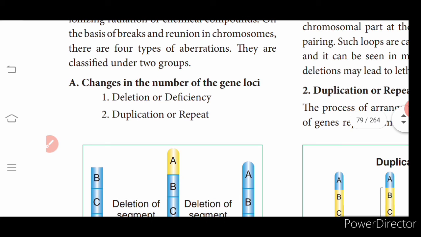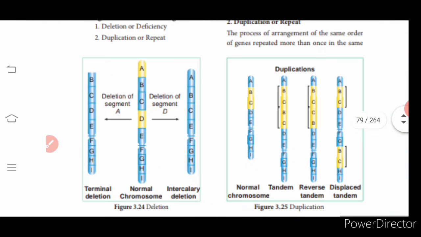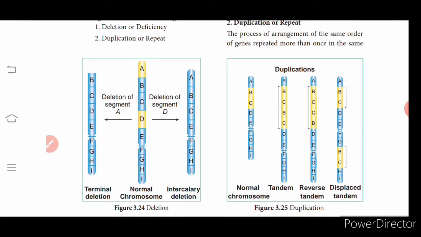On the basis of break and reunion of chromosomes, four types of aberration are described. It is very easy. You can see deletion, removal, terminal deletion: the tip of the chromosome is getting deleted. Follow? So intercalary deletion: in between, the chromosome is getting deleted.